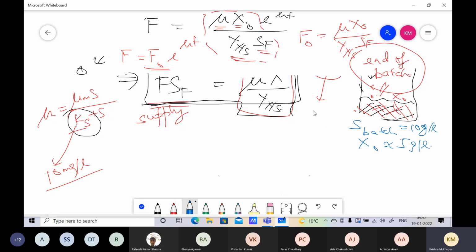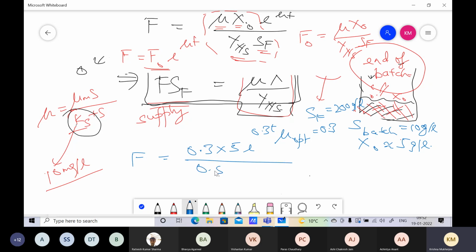And suppose SF is 200 grams per liter, and let us say that the mu optimum is 0.3. Then by definition, F is equal to 0.3 into 5 grams e raised to 0.3 t divided by Y X by S, which is 0.5 just now, and SF is 200.